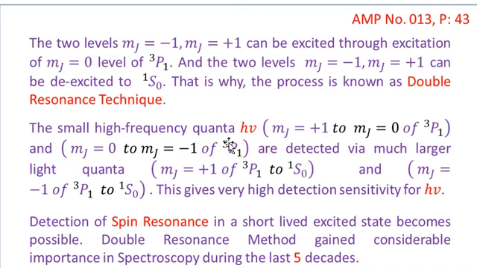The small high frequency quanta h nu is used for the excitation of the upper and lower Zeeman levels of the 3p1 state. So Mj is equal to plus 1 to Mj is equal to 0 of 3p1.